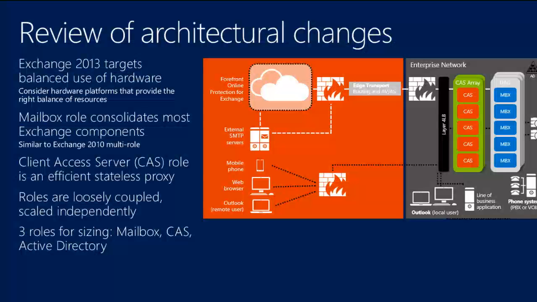But from a sizing perspective, Exchange 2013 targets what we call balanced use of hardware. What does that mean? I'm going to talk about balanced use of hardware in a few different ways over the next few minutes. But in general, rather than having a set of roles in the product that use hardware in different ways and don't necessarily use all of the hardware on a server in the best way possible, we have a smaller number of roles that ideally use all of the hardware that's available to that role in a balanced way.